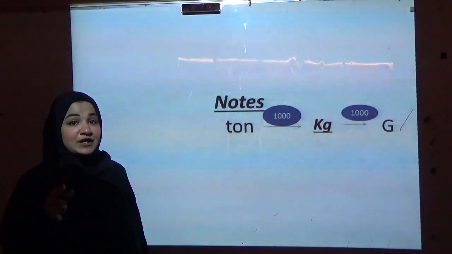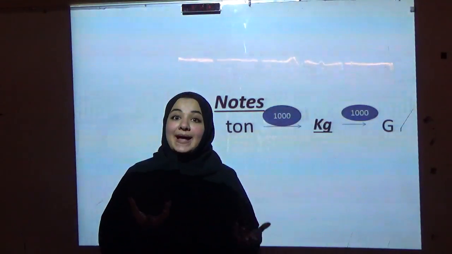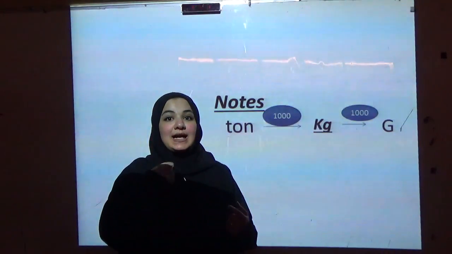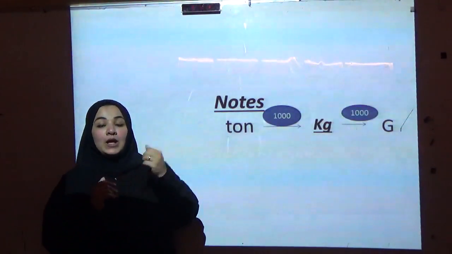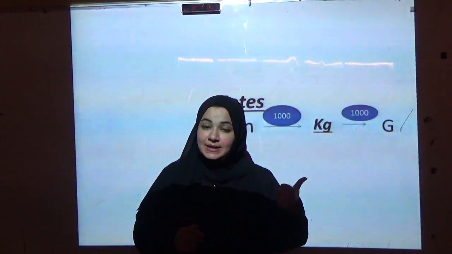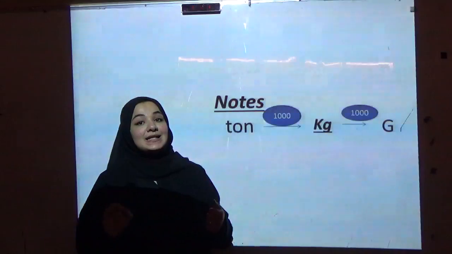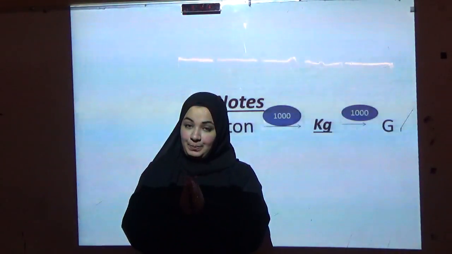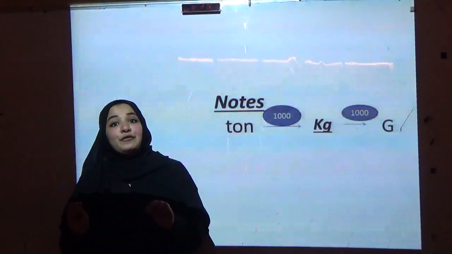So as a summary for this lesson, how can I measure the mass of an object? I can measure by two main tools. I have the common balance to measure the heavy masses, and I have the sensitive balance for small masses. Because I have tools, I should have units.